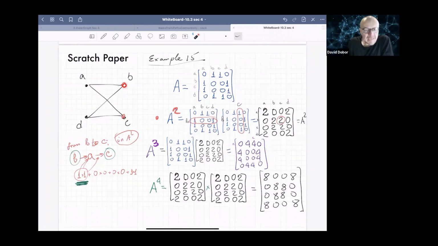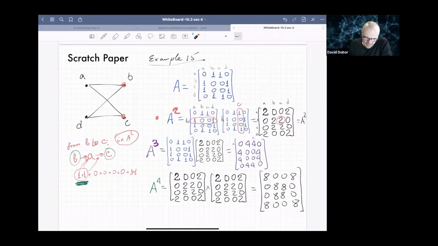From B to B, there is no path. There is no self-loop. And from B to C, there is no edge. So that's why I have a 0 here, for there being no edge from B to C. And why do I have a 0 here? There's no way of getting from B to B.